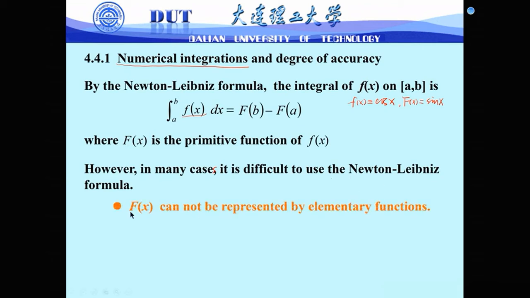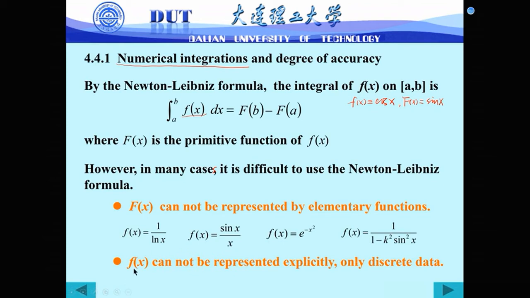For example, maybe the primitive function F(x) cannot be represented by elementary functions, such as 1 over ln x, sin x over x, the exponential function of minus x squared, or 1 over the square root of 1 minus k squared sin squared x. For these functions, we cannot represent their primitive function by elementary functions. We know this fact in calculus, right?